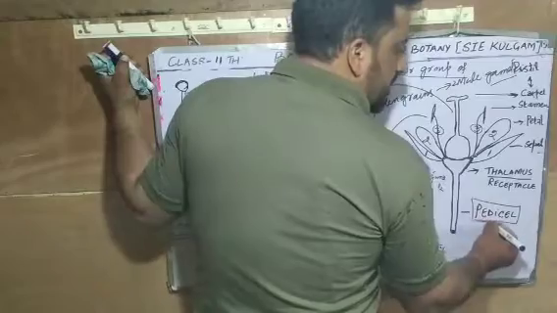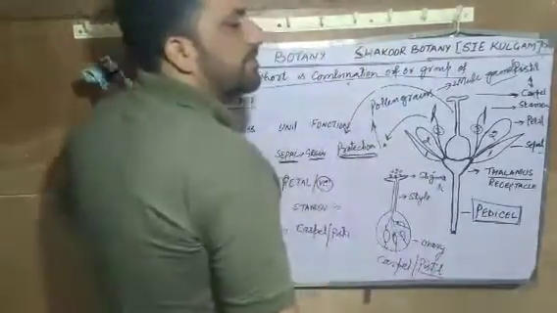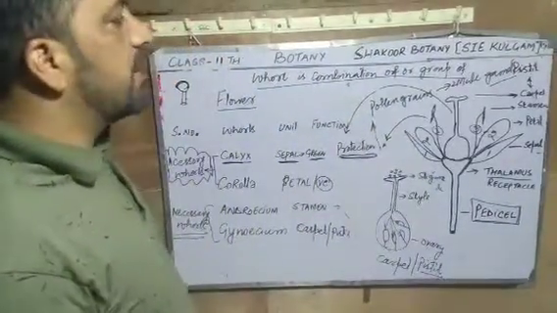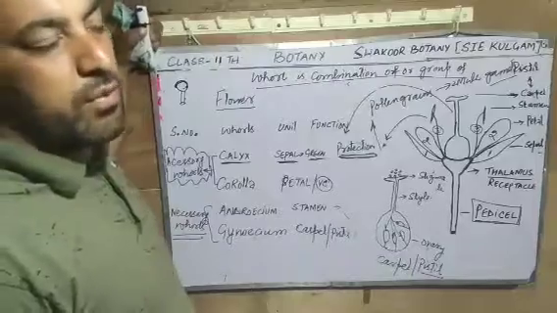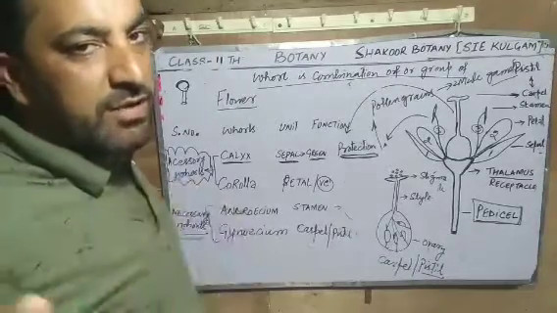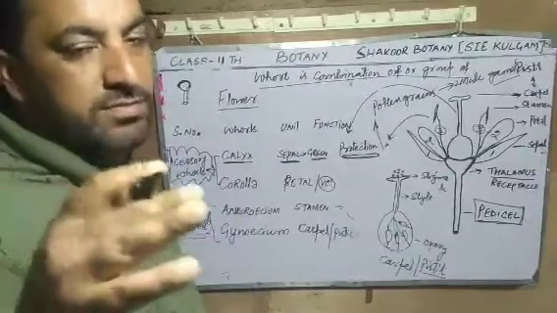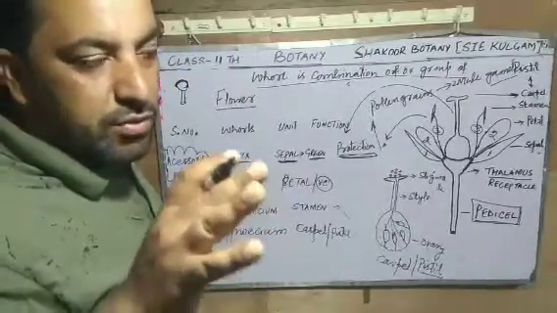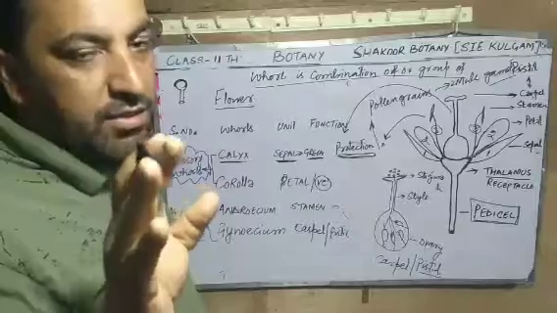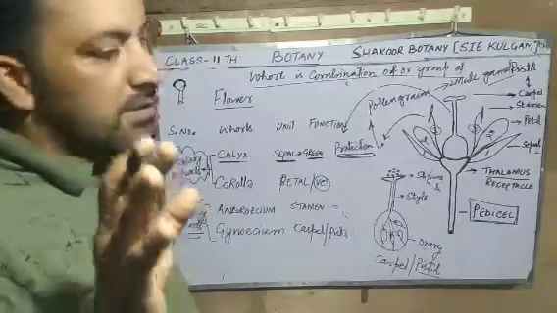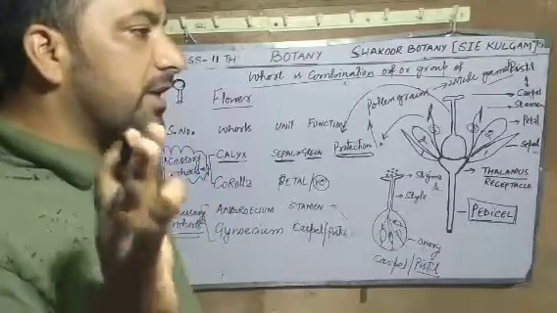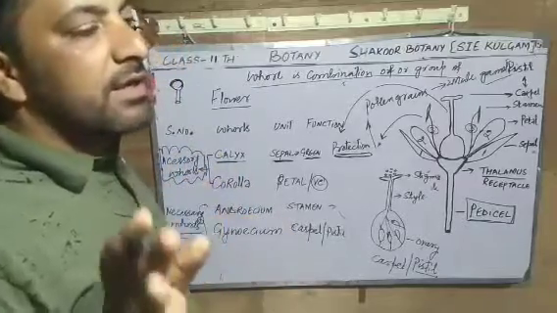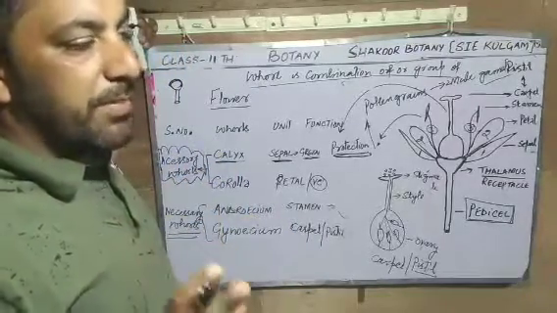There are some exceptions where pedicel is absent that we will discuss in our morphology part. We will focus on this morphology part in a few days. And in today's lecture, we will not discuss that part, but you should remember that each flower has a stalk. That stalk is called as pedicel.